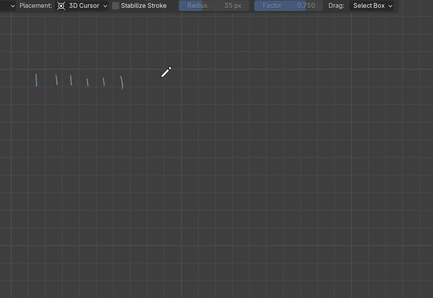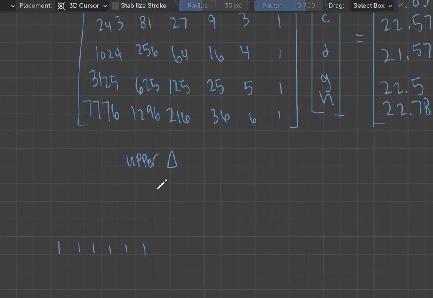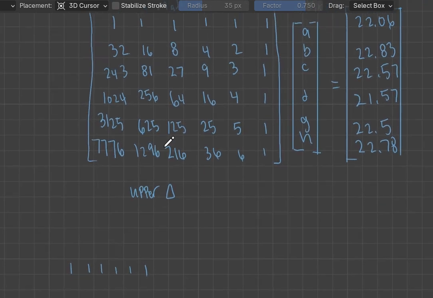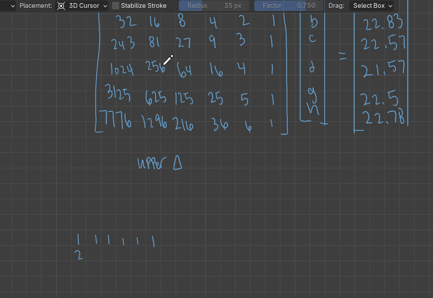There's 6 ones. And then in the second row, 32 divided by 16 gives me 2. 16 divided by 16 gives me 1. 8 divided by 16 is 1/2. And 4 divided by 16 is 1/4. 2 divided by 16 is 1/8. And 1 divided by 16 is just 1/16.